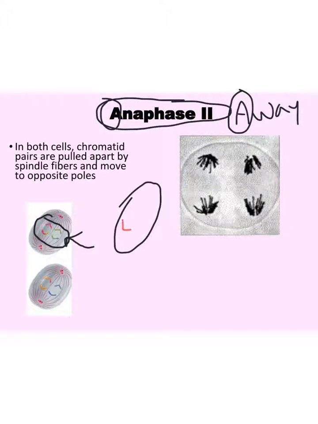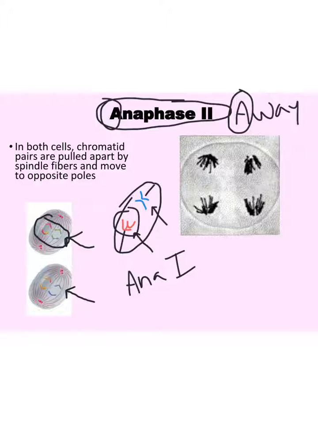You'd have 2 red chromosomes still stuck together and maybe 2 blue chromosomes still stuck together, and they're getting pulled away from each other. But you can see there's still 2 sister chromatids. That's how you know it's anaphase 1. Anaphase 2, it's no longer 2 of them stuck together. It's single strand chromosomes being pulled apart.